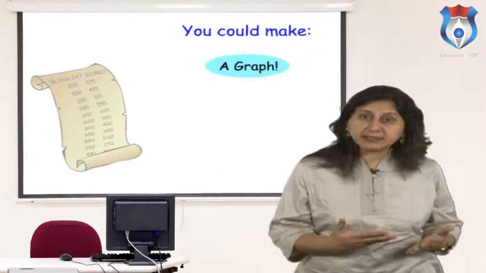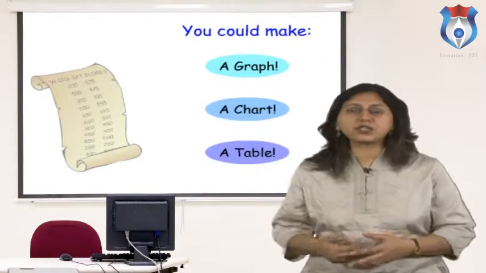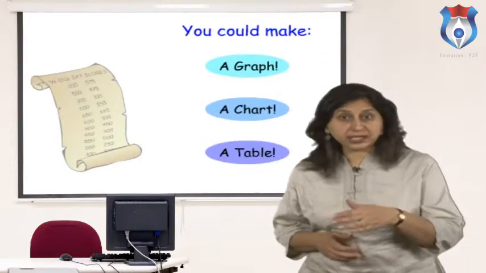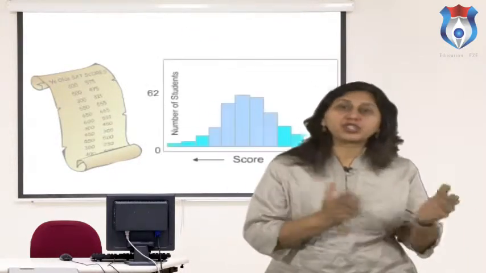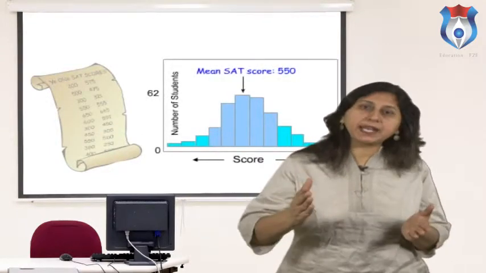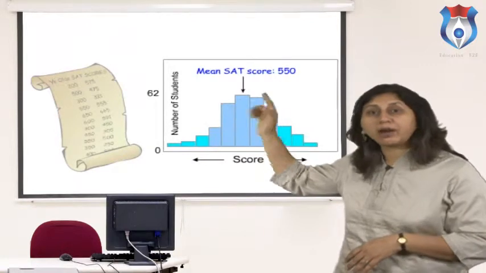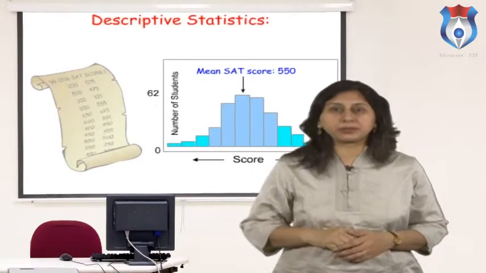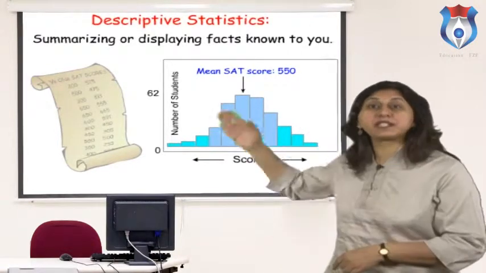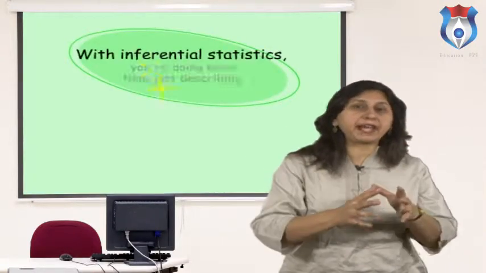Suppose you want a better feel of the scores for the kind of students you have. So to do this, you can make a graph, a chart, or a table displaying their SAT scores. This chart shows the mean or average SAT score of the school. This is an example of descriptive statistics, summarizing or displaying the facts known to you.